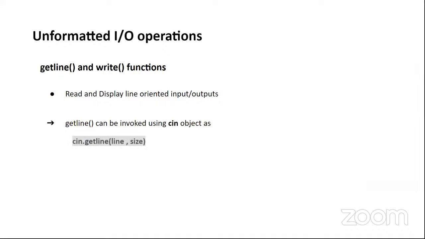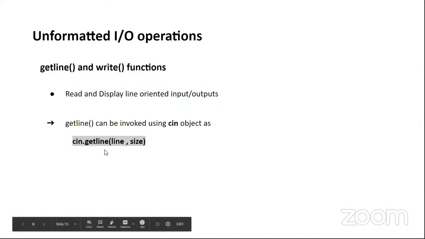The getline and write functions are useful mainly for the read and display of line-oriented input and output. This is the syntax of getline: cin.getline(line, size).